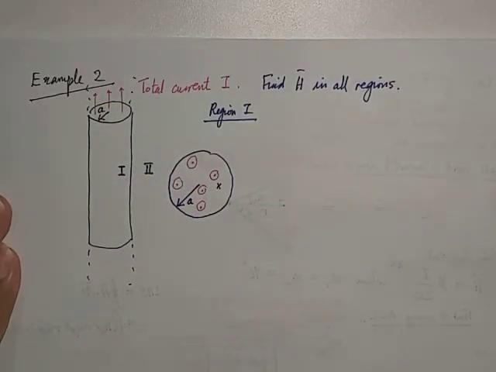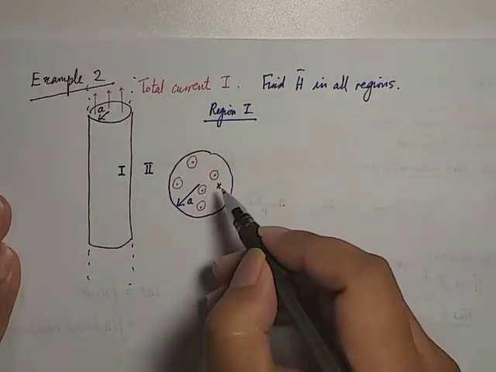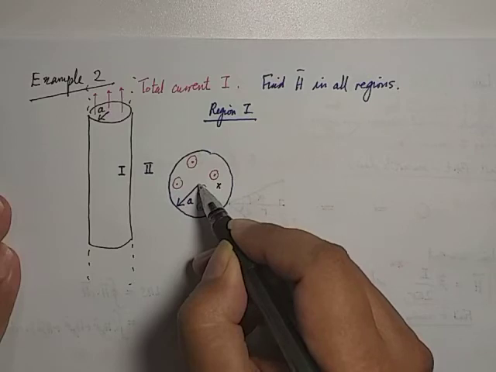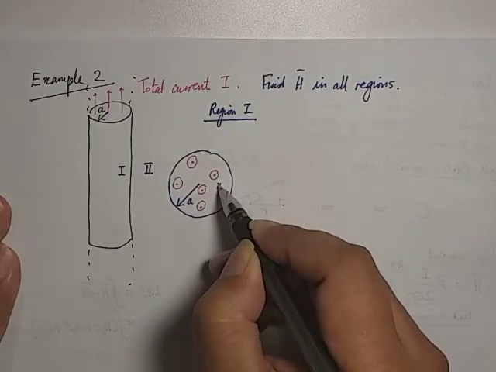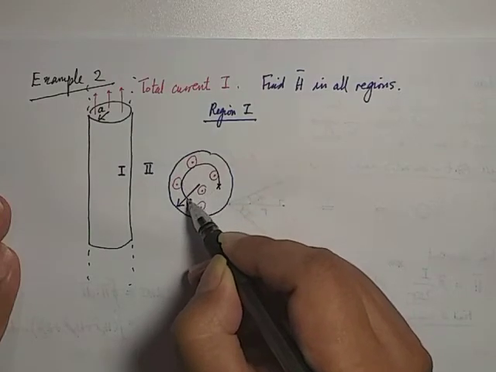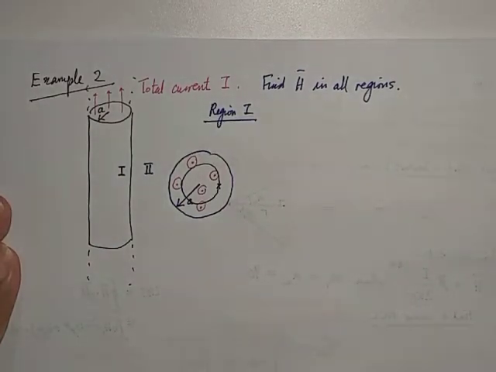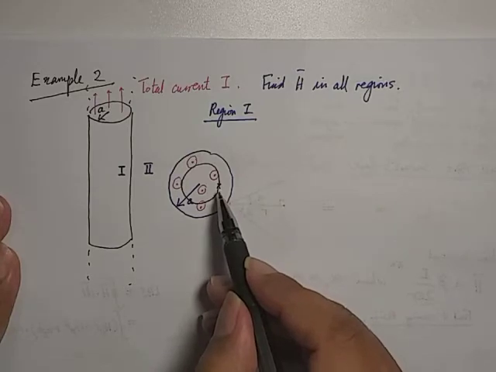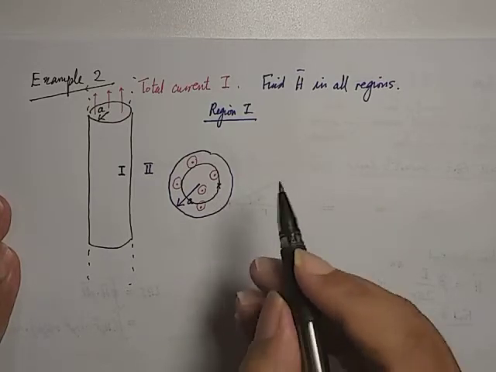Now I'm going to draw my loop, which is completely closed, centered at this axis, passing through my H location. This is going to be our Amperian loop. This point H is not fixed. It can be anywhere within region number 1.